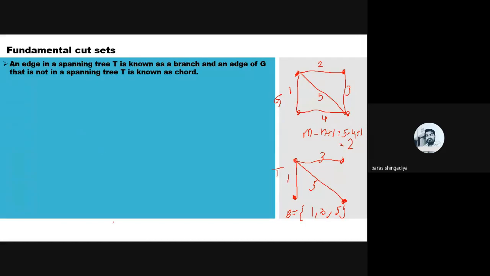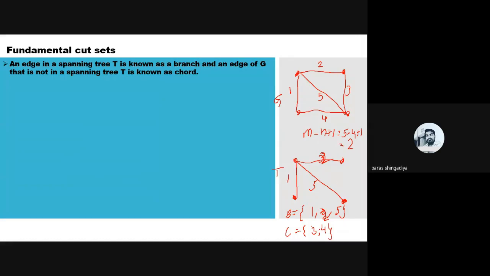These edges are known as chords. What is the special name for that? The edges which are not covered in the tree are known as chords. So 1, 2, and 5 are the branches that I included in the spanning tree, and 3 and 4 are the edges of the graph which are not included in the tree. These are known as chords.